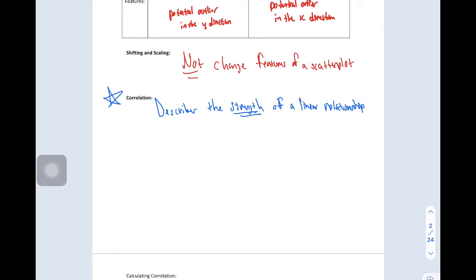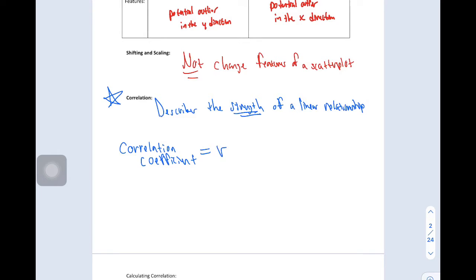And with the word correlation, we have this actual stat unit, stat measurement, correlation coefficient.